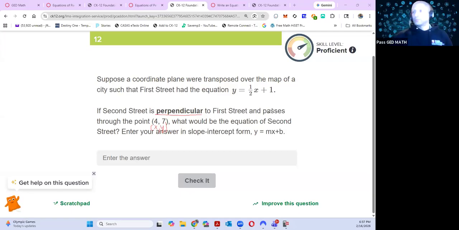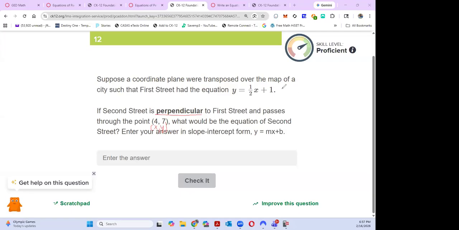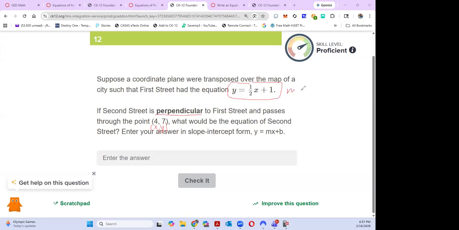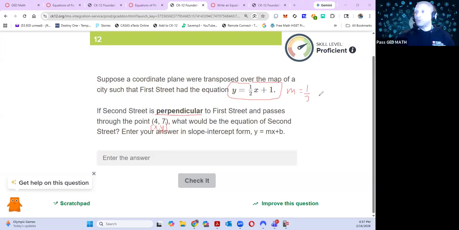What else do we know? We have the equation. What 2 things can we get from the equation? The slope and the y-intercept. What is my slope? 1/2. What's my y-intercept? 1.